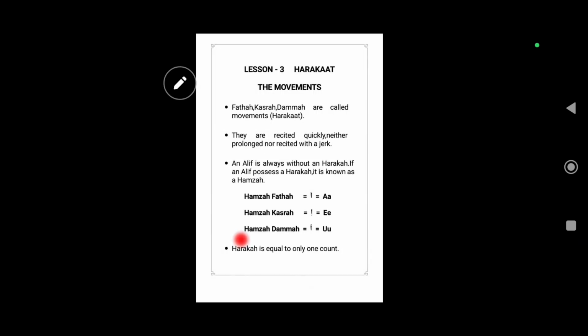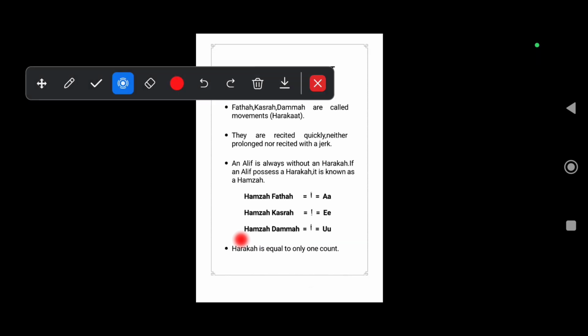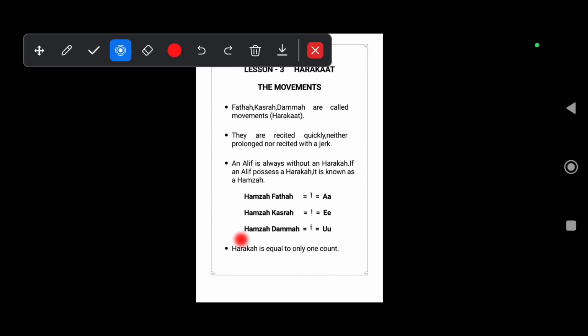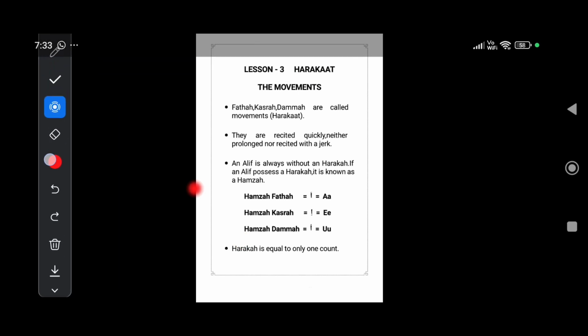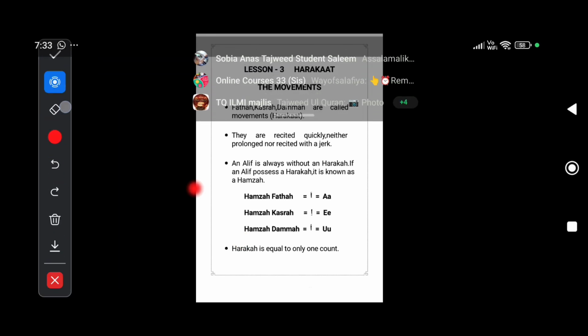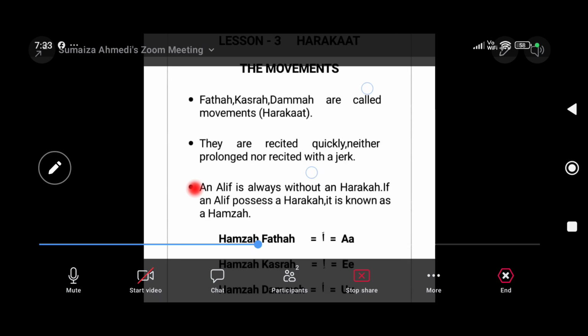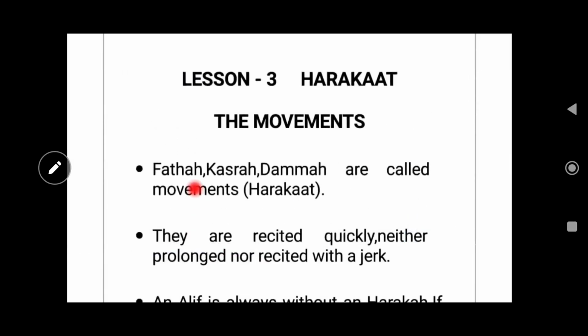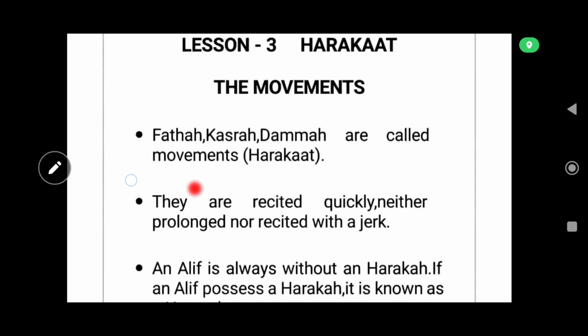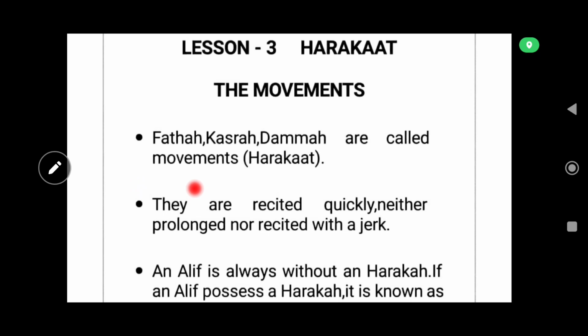Now tell me what is Harakat? See, this is a revision class. Zabar, Zair, Pesh are called Harakat.